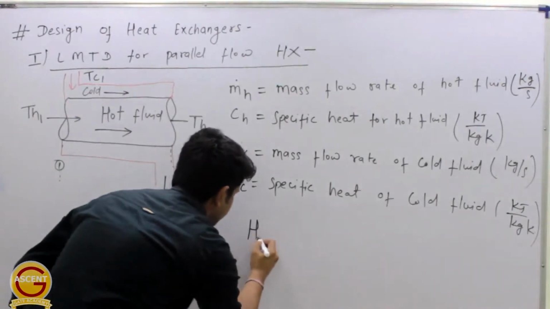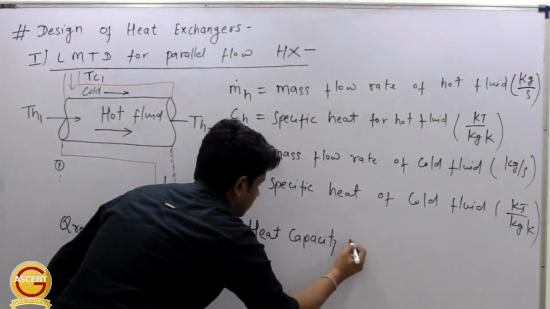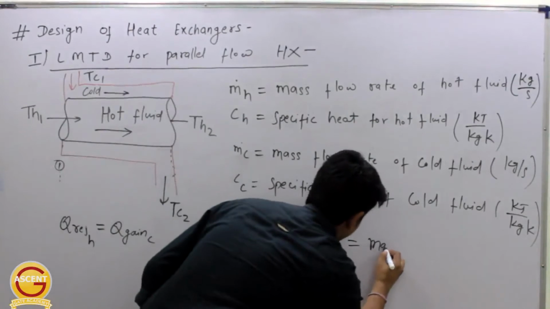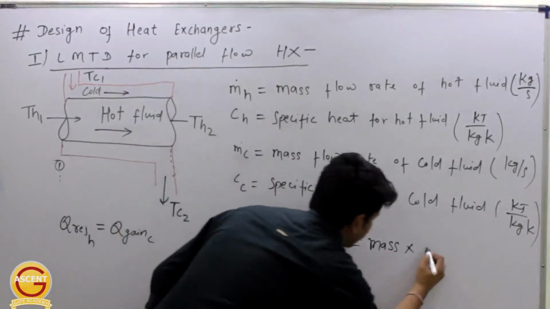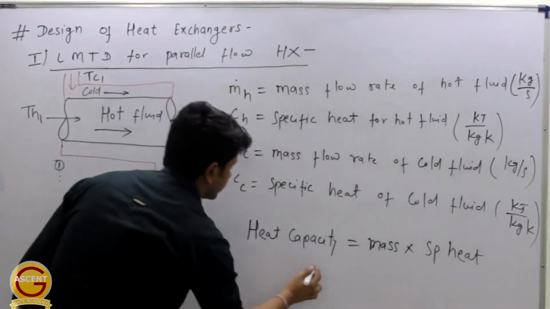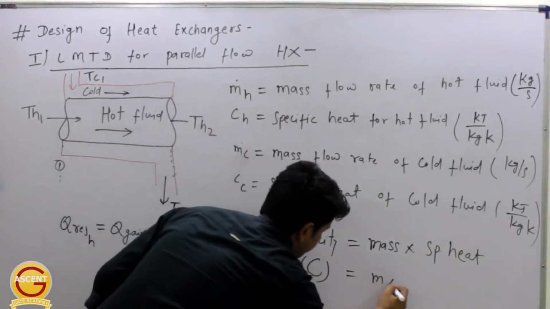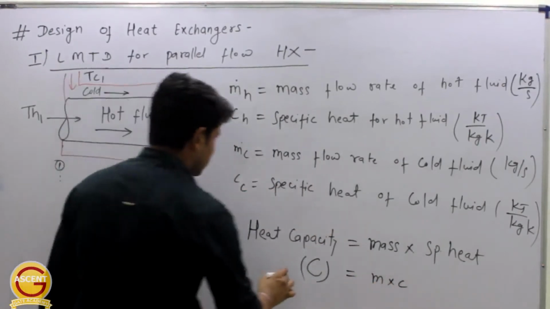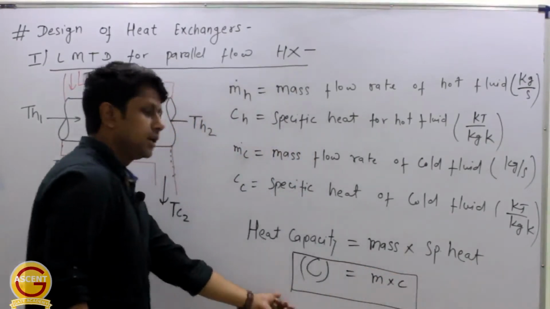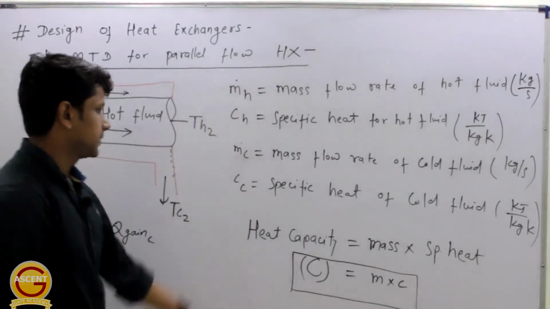This heat capacity is nothing but mass multiplied by specific heat, and it is generally denoted by capital C. So capital C will be mass into small c, correct? So don't confuse between these two terms. This heat capacity term will be used when we discuss the effectiveness NTU method. So these are our assumptions.